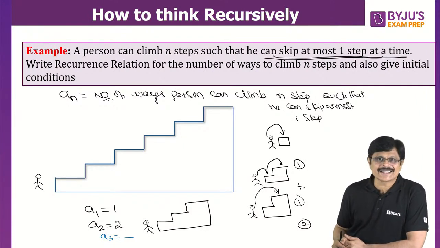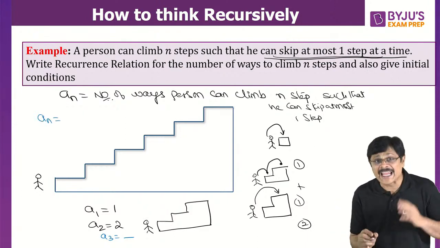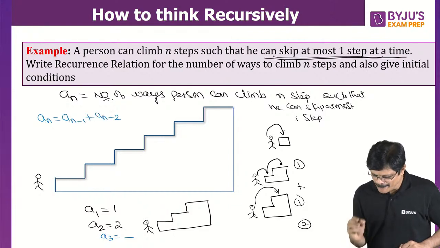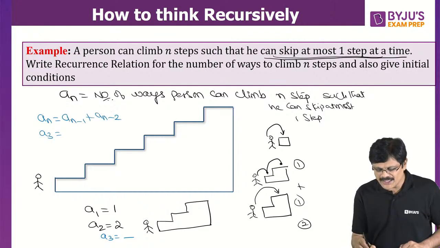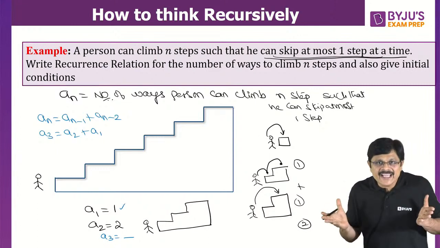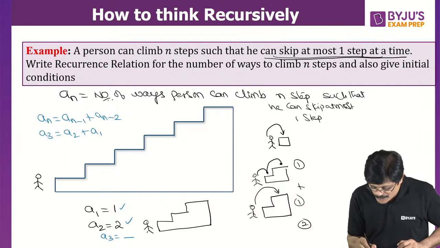The formula for an is an-1 plus an-2. You need a3. a3 is a2 plus a1. a1 is ready, a2 is ready. Add both: 2 plus 1 is 3.